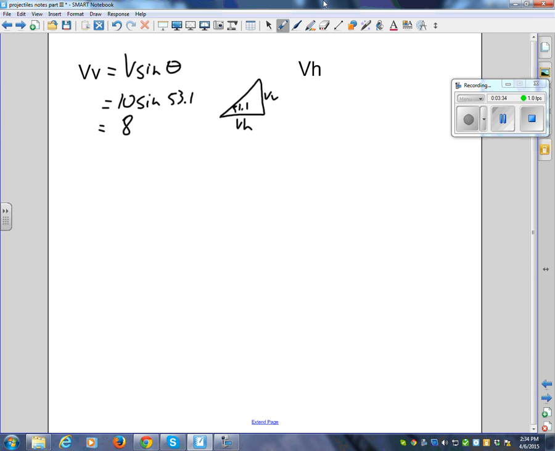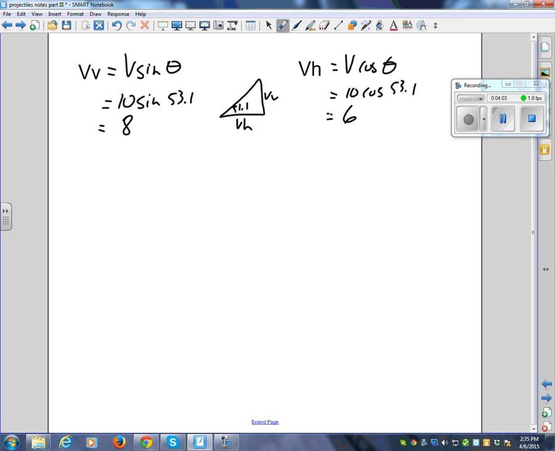Horizontal component is going to be V cos theta, 10 times the cosine of 53.1. Six. Both positive because one is up and one is to the right. Okay? 2 easy marks to get you started.